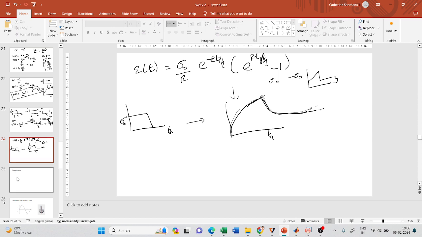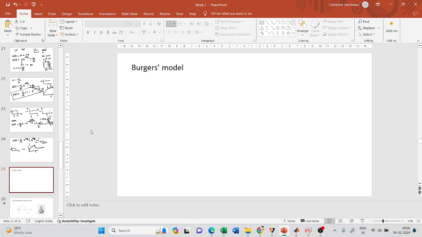Now, let us go to Berger's model. So what is Berger's model? Berger's model has springs and dashpots. I told you that you can have any number of springs and any number of dashpots, arranged as you want. It is a spring and a dashpot arranged in series and a spring and a dashpot arranged in parallel.